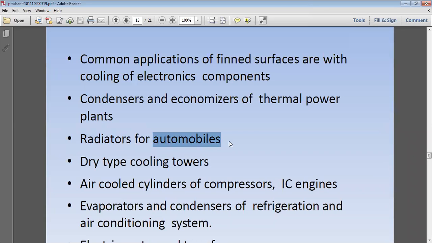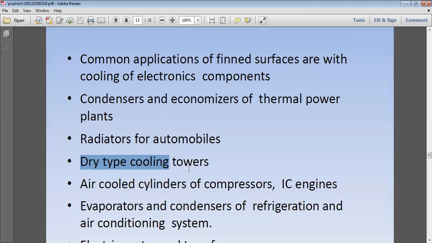In this upper tank, due to the thermosiphon effect, the hot water falls down, and this water is cooled by means of air. Some extended surface fins are provided, which enhance the heat dissipation rate to the surroundings. So the radiator is also one of the applications. Fins are used in the radiator of the automobile.